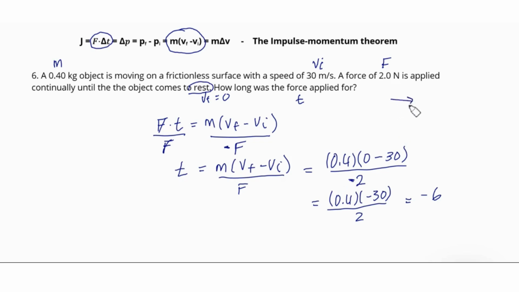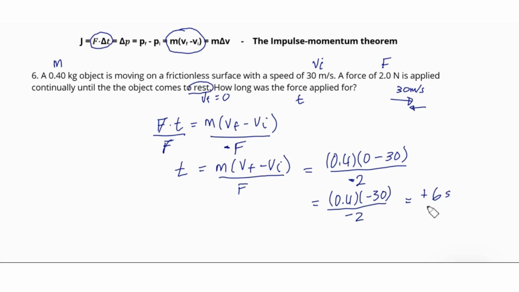If my velocity is defined as being positive in this direction, and I'm applying a force in the opposite direction, which is obvious because I am slowing it down, my force would be negative 2 newtons. So placing that in there, you end up with plus 6 seconds. No way time could be negative, right?